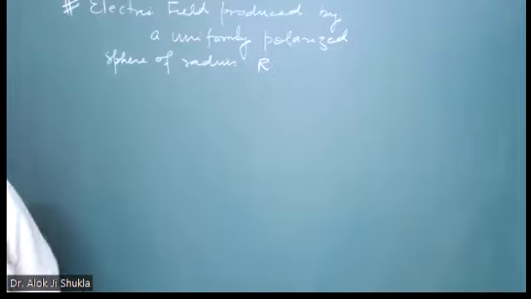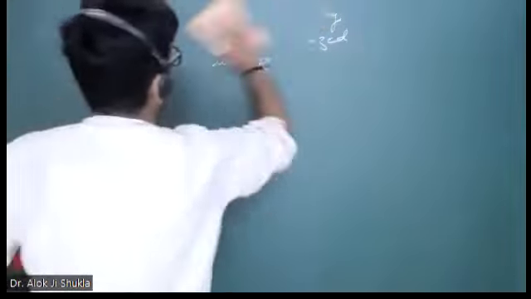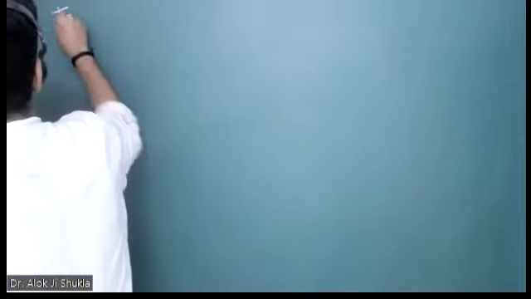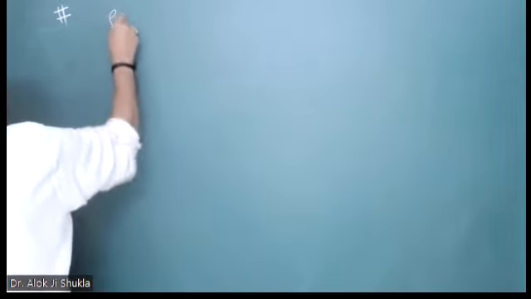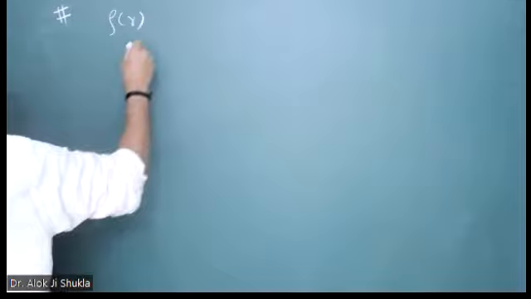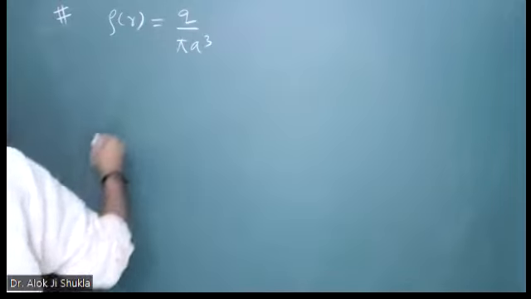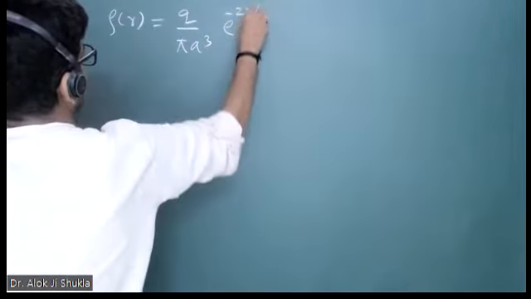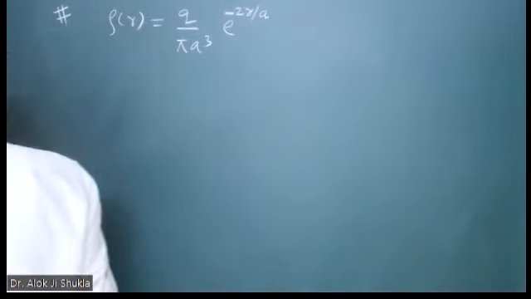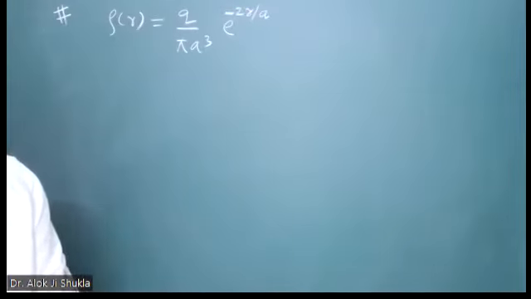Just a second. Before that, I also want to do one question. Please write, according to quantum mechanics, the electron cloud of hydrogen atom is given by the charge density this.